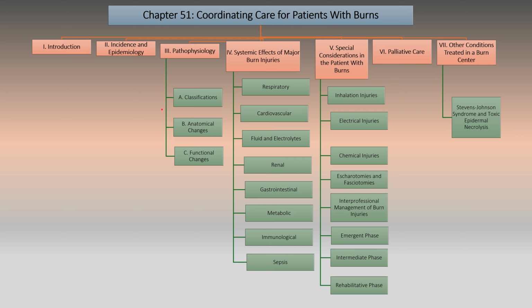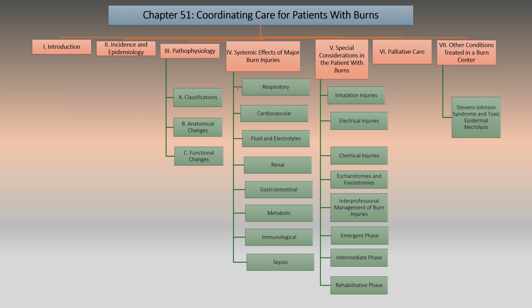We move to systemic effects of major burn injuries, and then we go by system. We start with respiratory: inhalation injuries, carbon monoxide poisoning. It's a high morbidity risk. Inhalation injury significantly increases morbidity and mortality.